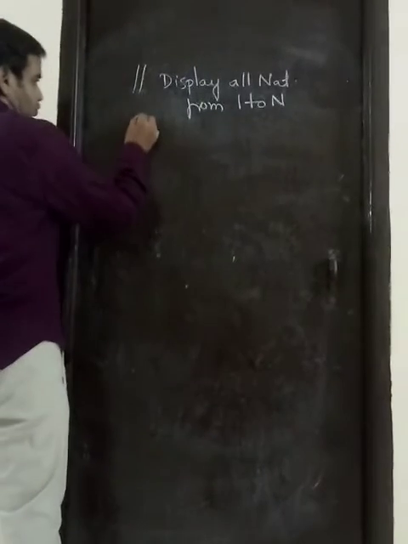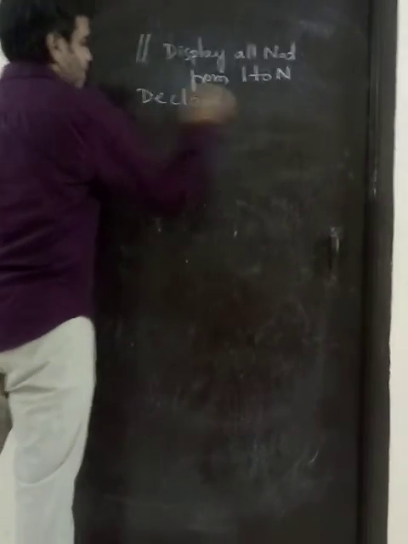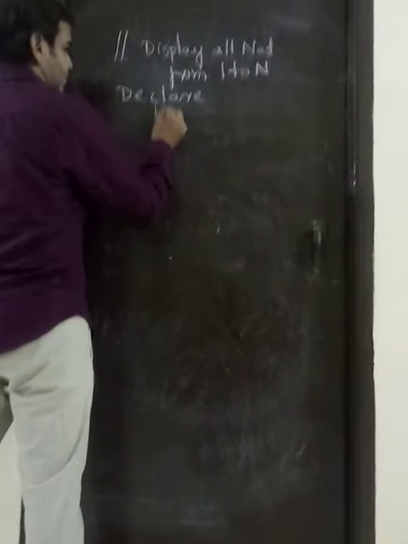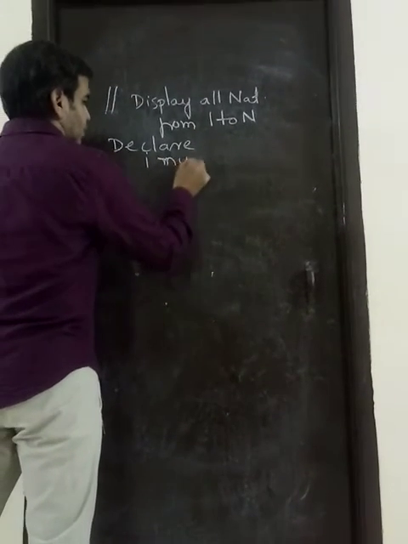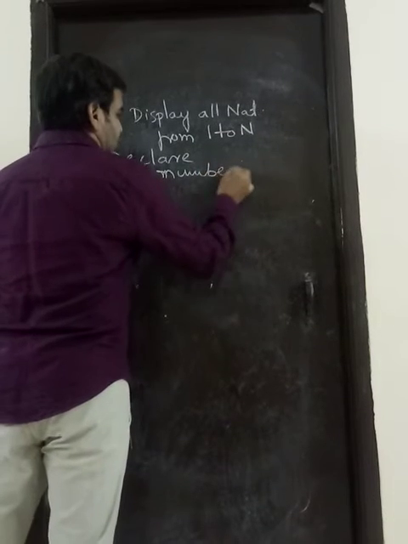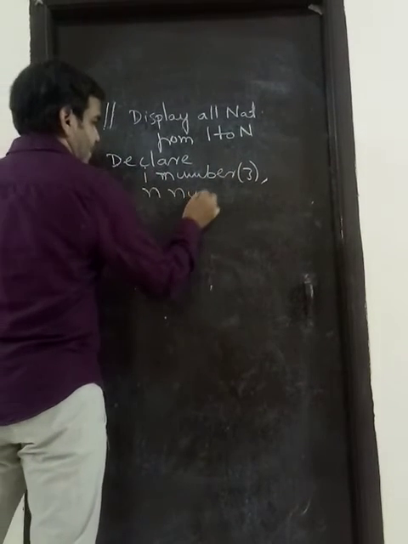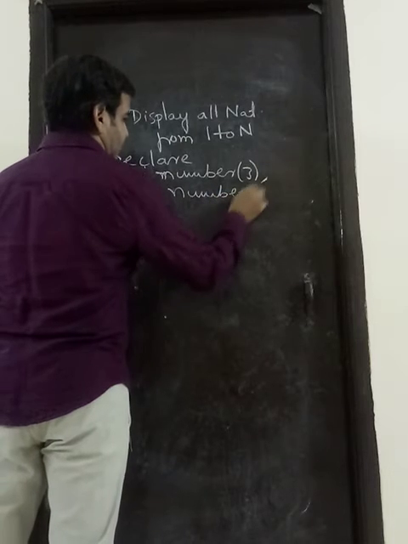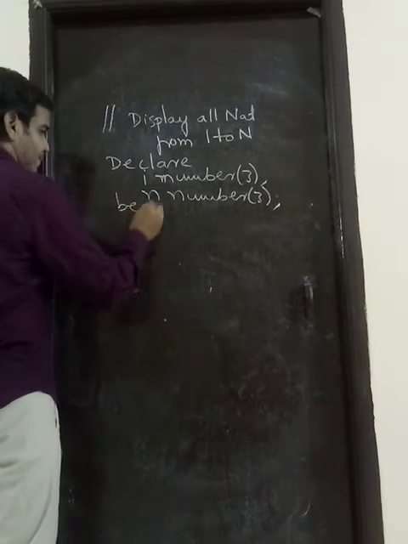This is the program: display all natural numbers from 1 to n. First declare i number(3), n number(3). So begin.